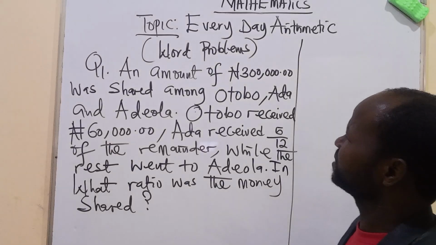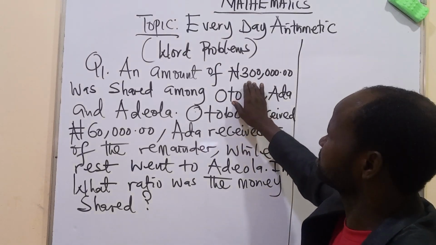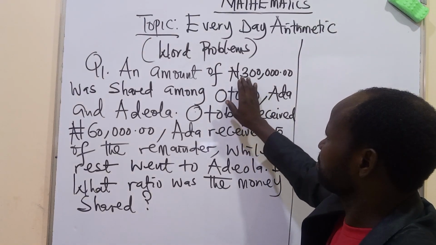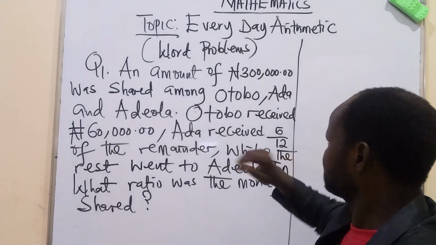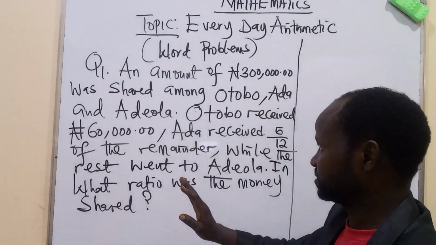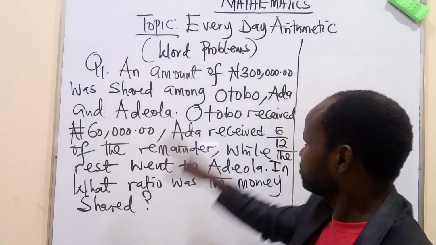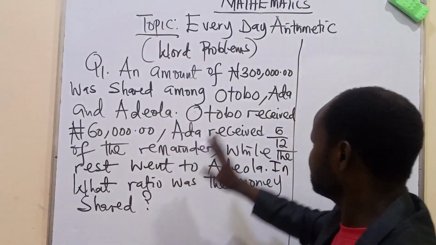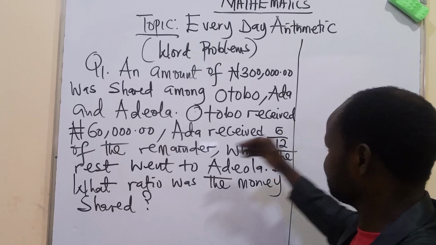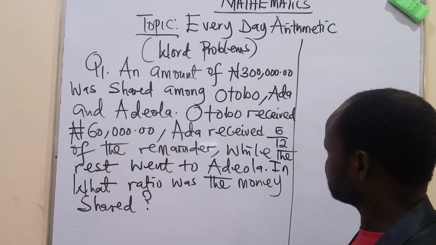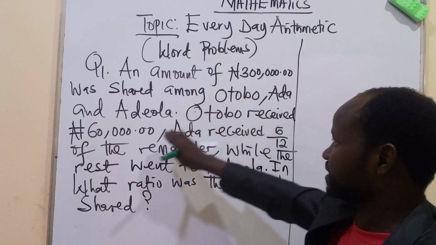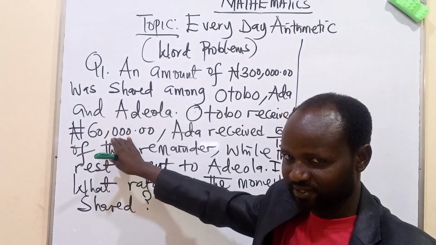Let's look at the question very well. An amount of 300,000 was shared among these three people, Otubo, Ada, and Adiola. Otubo received 60,000. Ada received 5 over 12 of the remainder. So the first thing for us to do, from the question, we know Otubo's share directly, that is 60,000 naira.